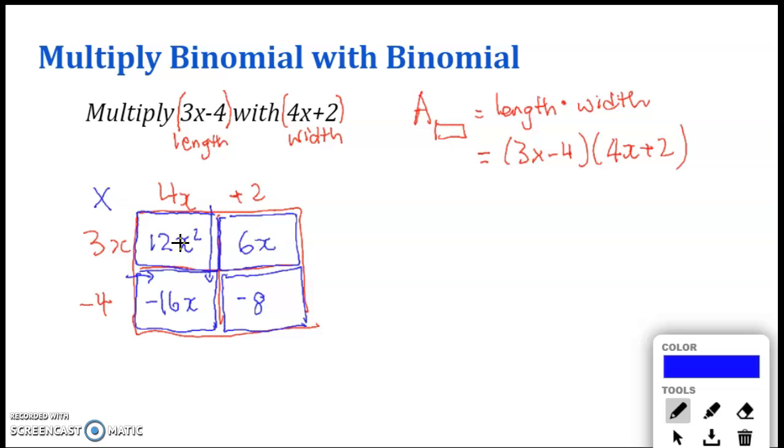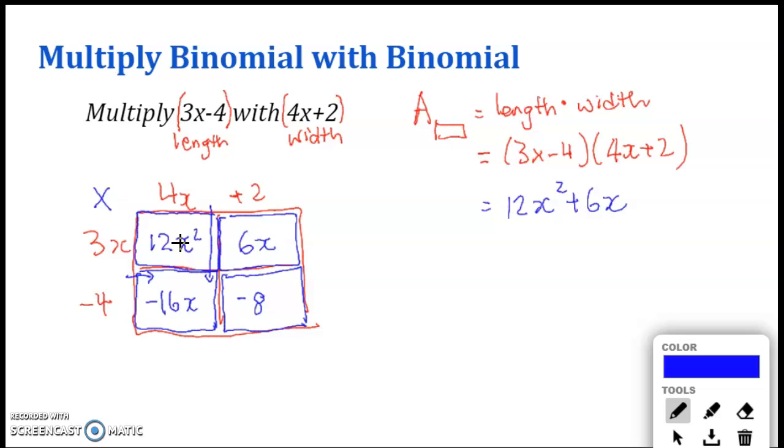You could be saying, oh, you can't have a length of negative 4. Well, that's where the model breaks down, but you can still have the length of 3x minus 4, so that still does work. Then from here, you found the areas: 12x squared plus 6x plus negative 16x plus negative 8.